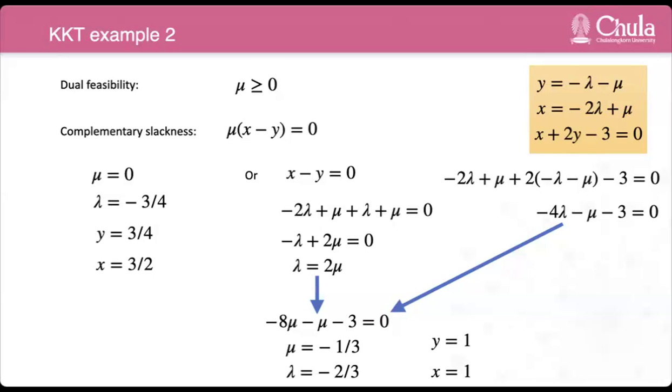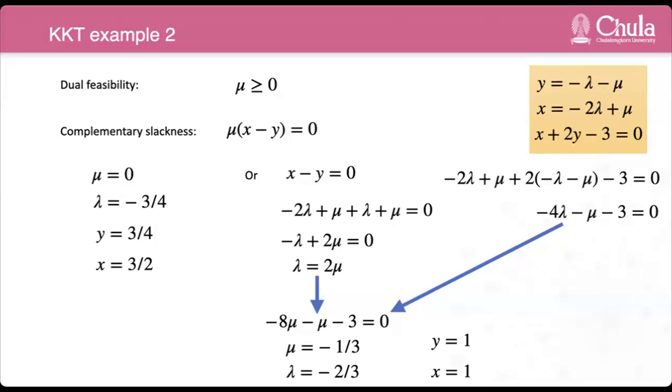If mu is 0, then, you see, y is minus lambda, x is minus 2 lambda, right? And we have one equality constraint here. So y is a function of lambda, x is a function of lambda.